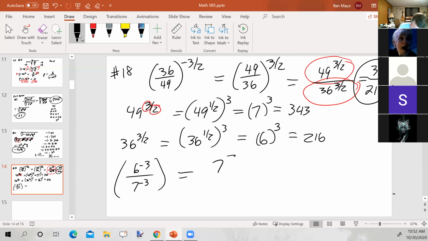Well, I could do that by taking this and moving it upstairs and taking that and moving it downstairs. And 7 cubed is 343, 6 cubed is 216. So the person that did this problem, your information was correct, you just didn't finish.